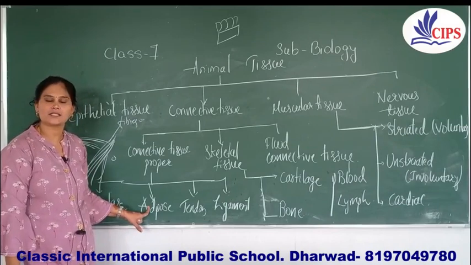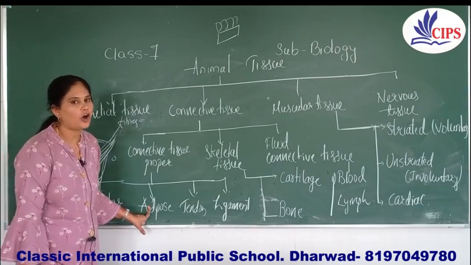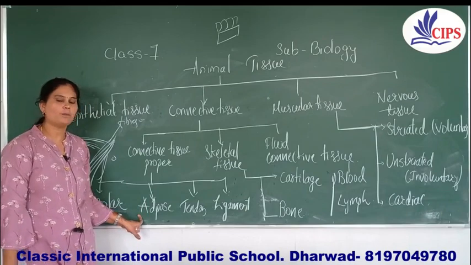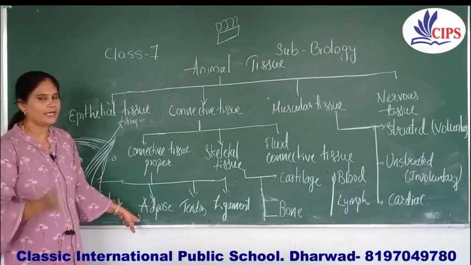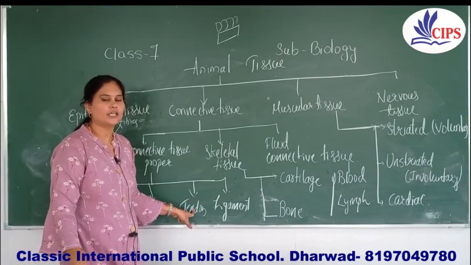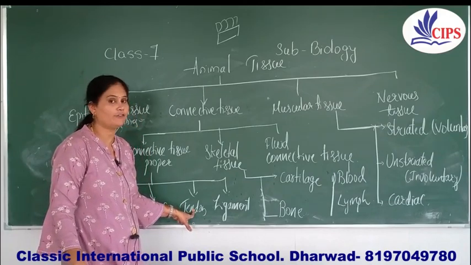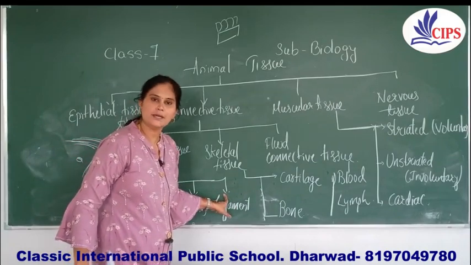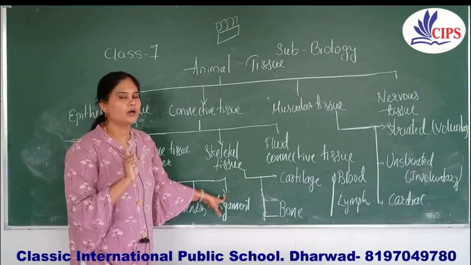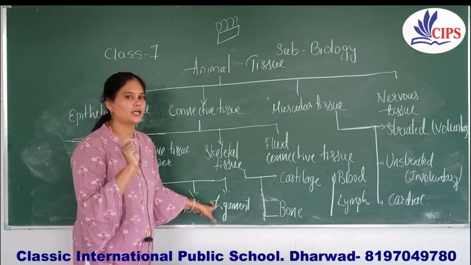These cells also act as an insulating layer and protect the internal organs, because these tissues are present beneath the skin and also as a lining of the internal organs. Tendons are fibrous connective tissues which connect muscle to bone, and they consist of white fibrous connective tissue. Ligaments are connective tissues which join bone to bone, and they consist of yellow fibrous connective tissue.